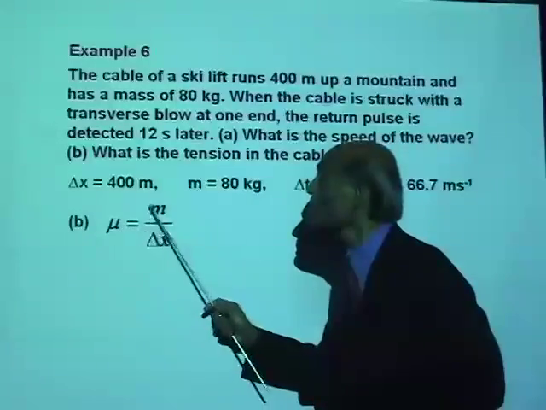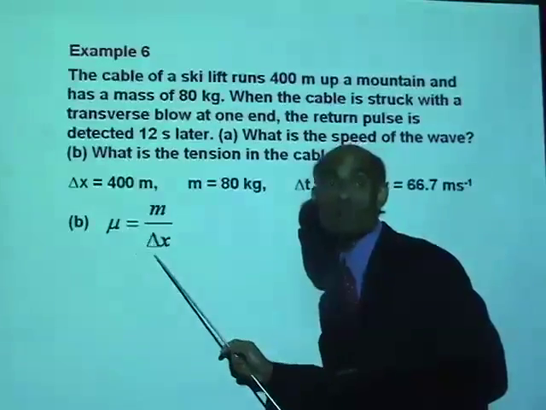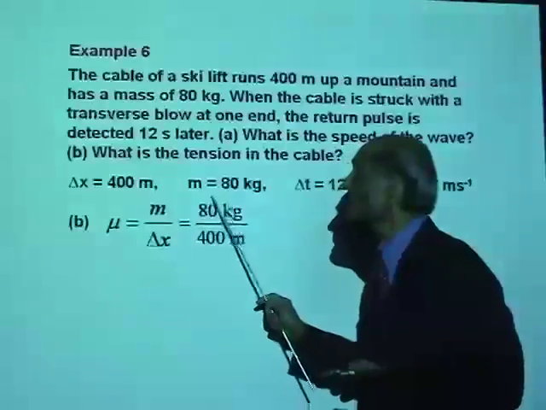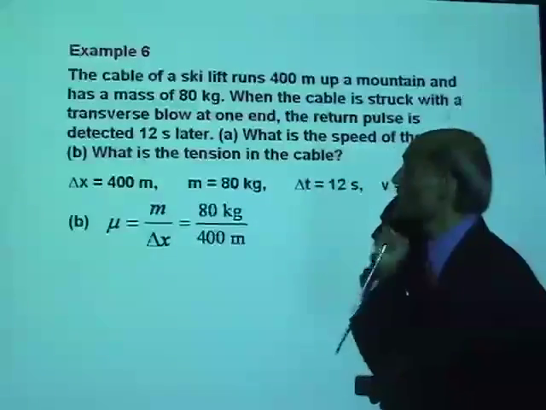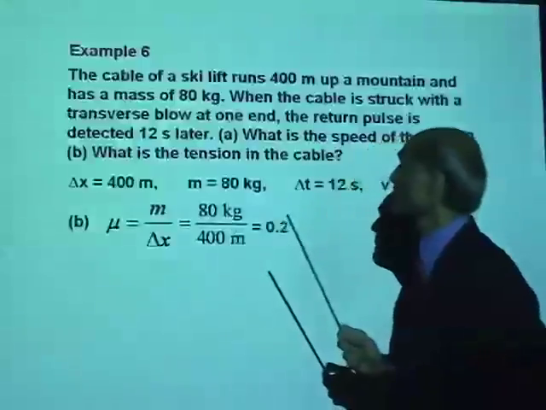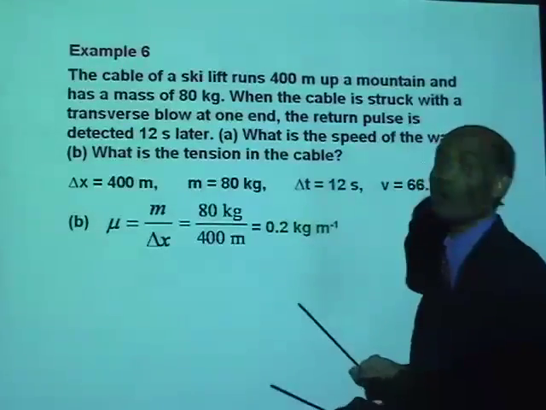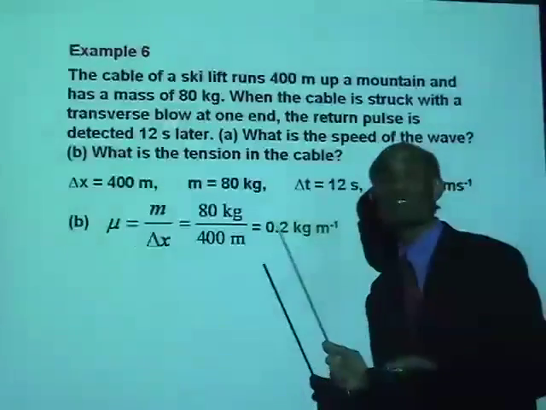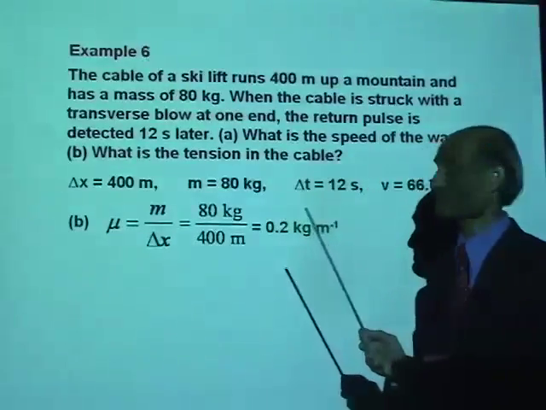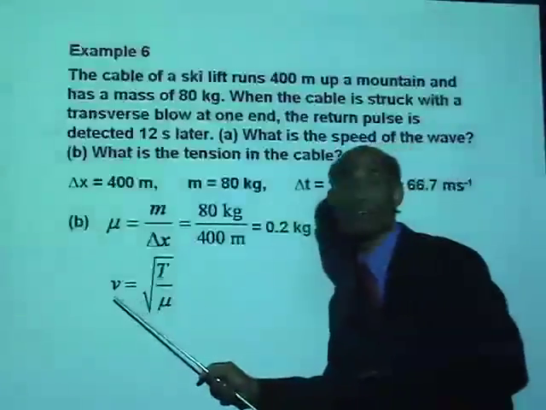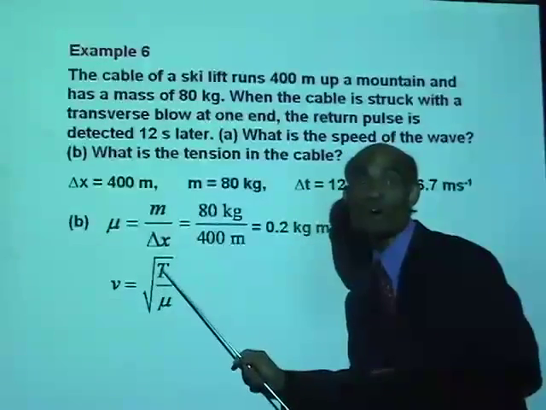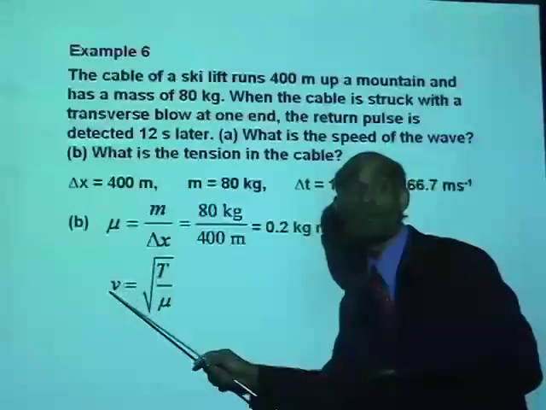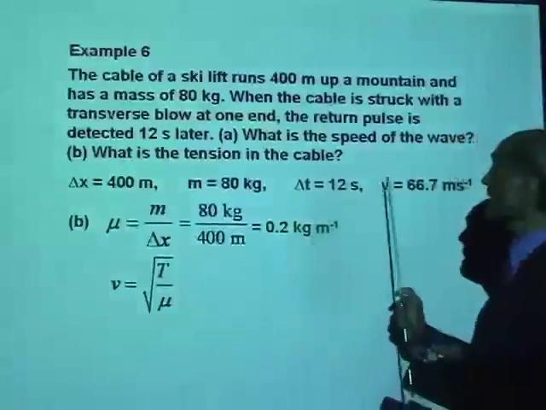Now, mu equal to the mass divided by length. Mu is mass per unit length. That is 80 kilogram is the mass, length is 400 meter. Therefore, the mass per unit length is 0.2 kilogram per meter. And now we have V equal to square root of T over mu. We know the value of V, we just calculated it.